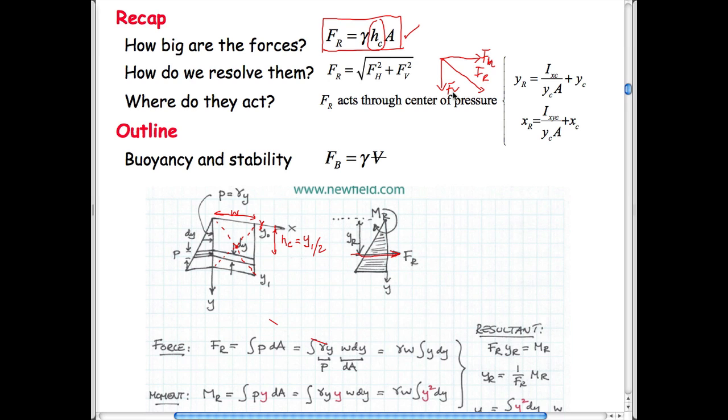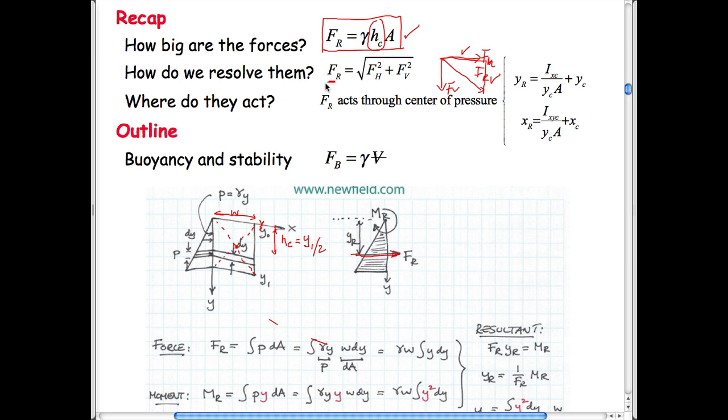The square of each one is just this triangle of two lengths. This is FV, this is FH. Squared gives you FR, which is the resultant, which is straightforward.